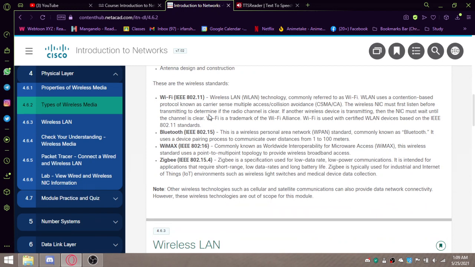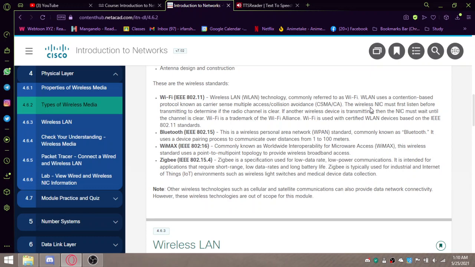These are wireless standards. Wi-Fi, dia punya standard IEEE 802.11. Wireless LAN technologies commonly referred to as Wi-Fi use a contention-based protocol known as Carrier Sense Multiple Access Collision Avoidance or CSMA/CA.